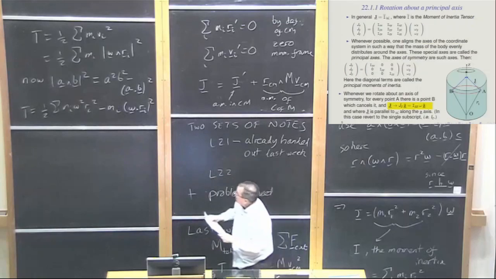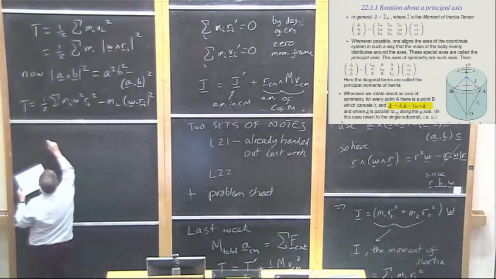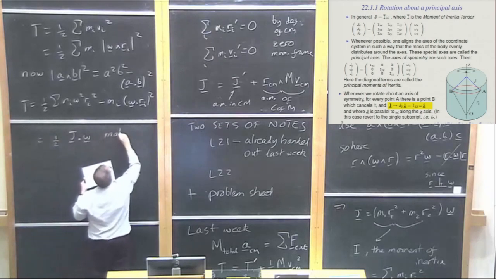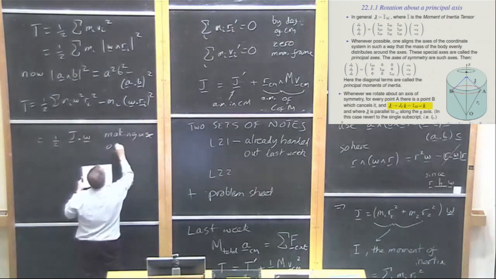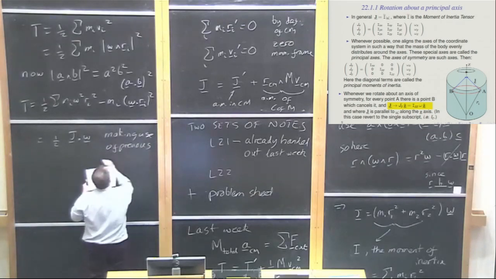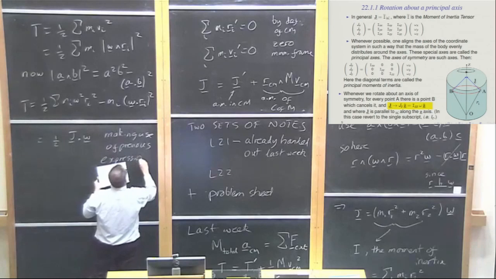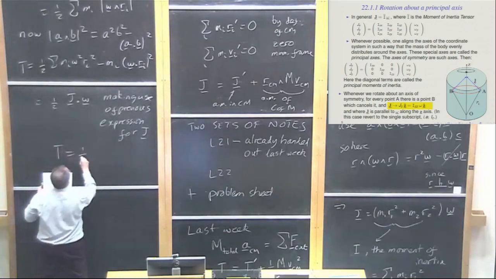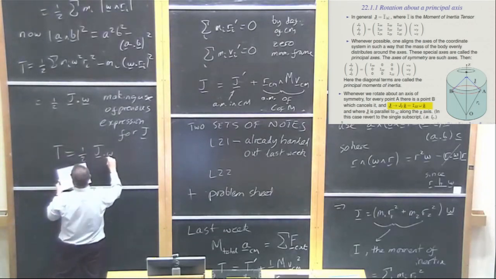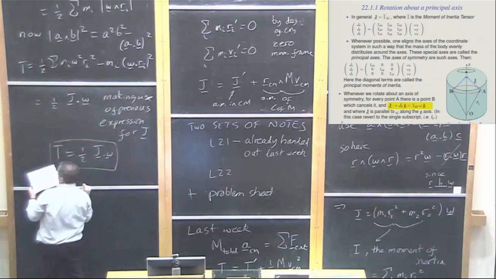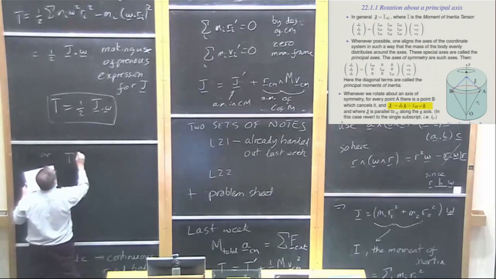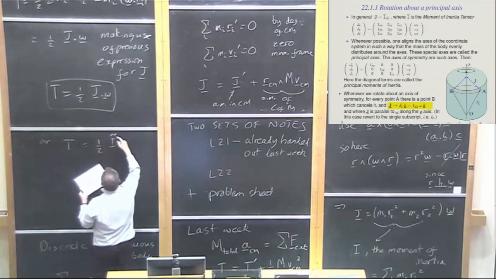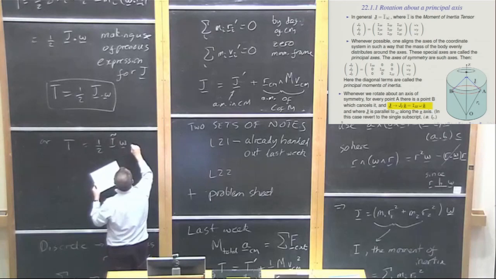So we can write it just with an extra omega in the game. This can be written as a half J dot omega, making use of a previous expression for J. Okay, so T is equal to a half J dot omega, or if I substitute in what we know J to be in terms of the moment of inertia, that's a half I tilde omega dot omega.